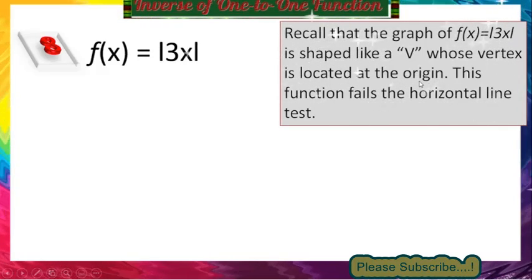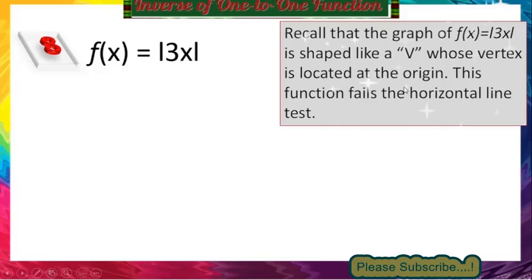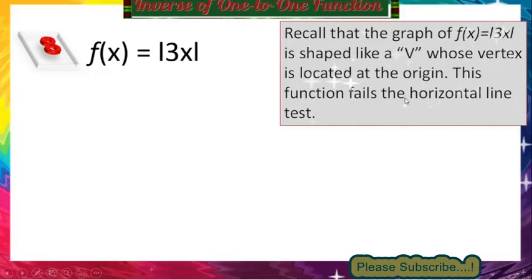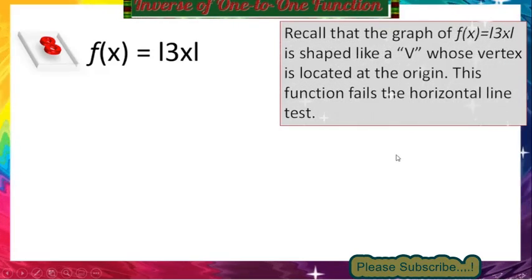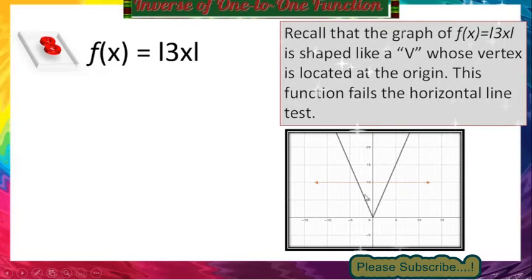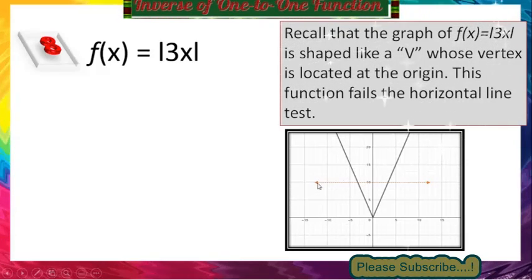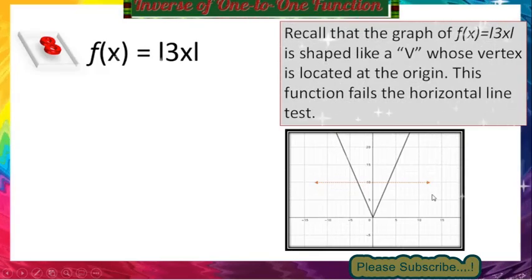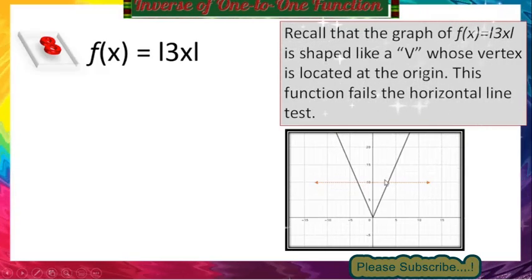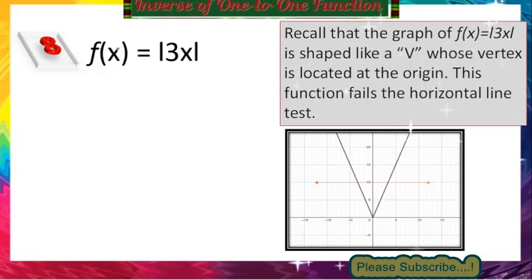The shape is a V, whose vertex is located at the origin. This function also fails the horizontal line test. So if you look at the graph of that function, it will look like this one. When you plot your horizontal line, the same, we have two points where our horizontal line intersects with the graph.